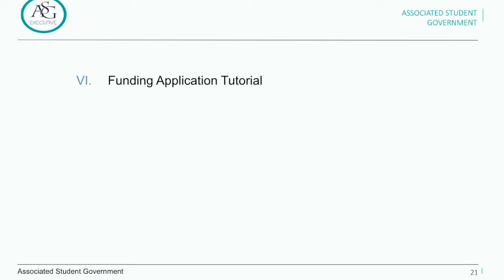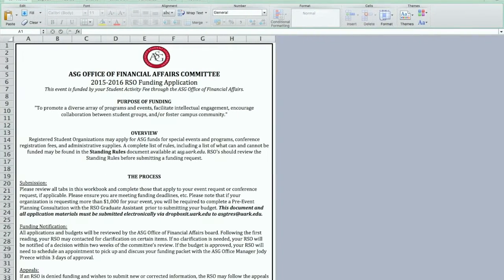So now we're going to transition into the funding application tutorial. Here I have the funding application, and this is where you're actually going to itemize and give information about the event, what you plan on purchasing, and the educational value of the event. This is what the board is going to be looking at, and this is what you're ultimately going to submit.